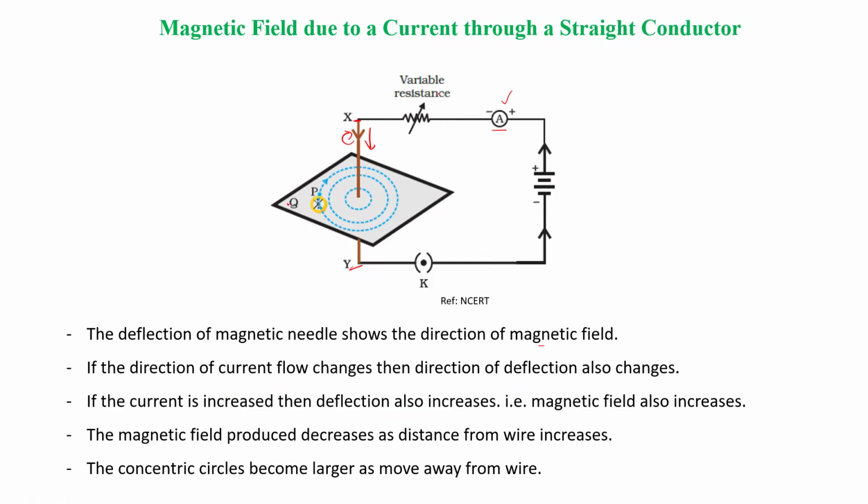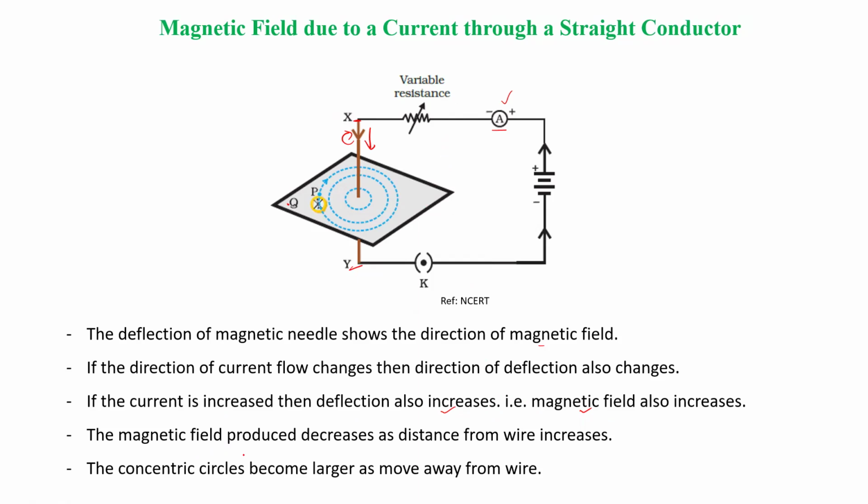If the resistance value is more, then the current flow will be less, and we observe less deflection. So the deflection depends upon the current value. If the current is more, the deflection increases, which shows that the magnetic field strength also increases.